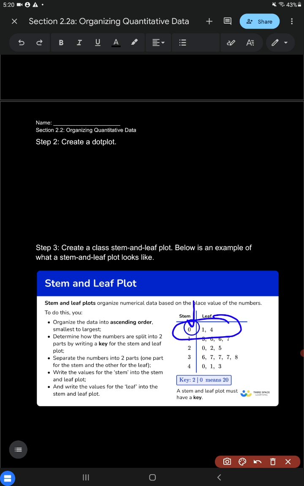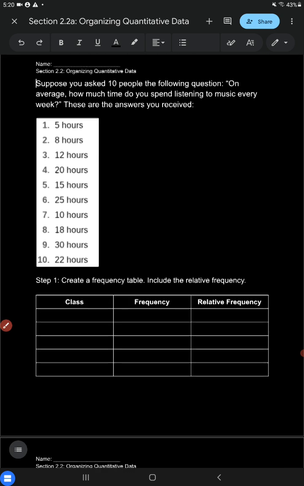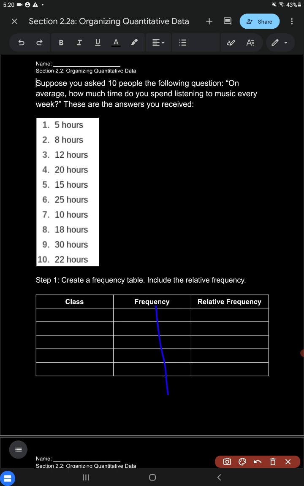And so the first number is your tens digit. The other numbers over here are your ones digit. Okay? So for example, let's say that this was my list of numbers right here. Let me scroll back up and we'll make a stem and leaf plot. So a stem and leaf plot would say, okay, I have on my stem side, I do have some one-digit numbers, so my stem is going to be a 0.